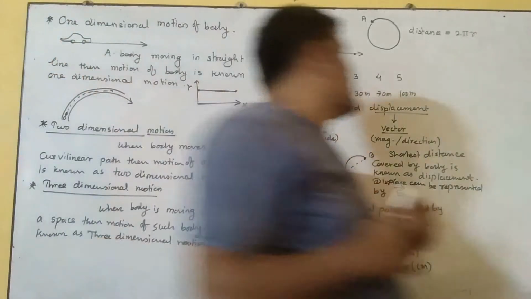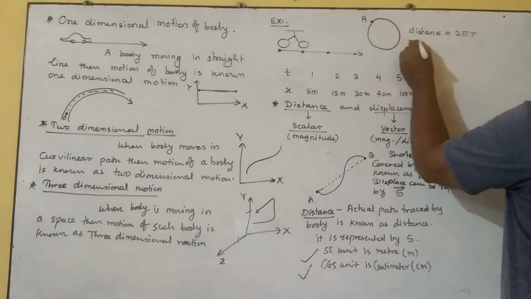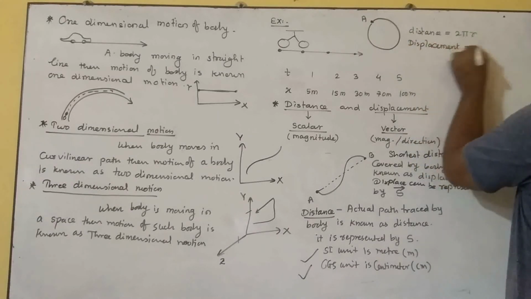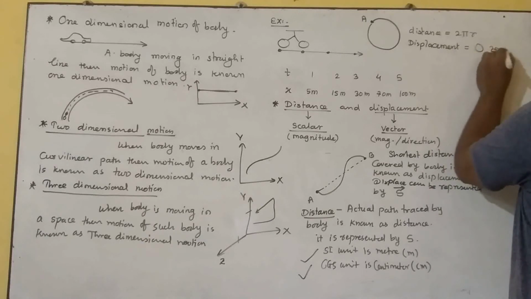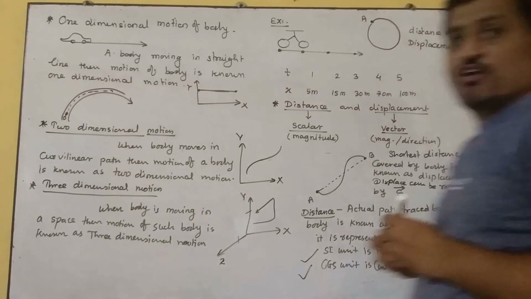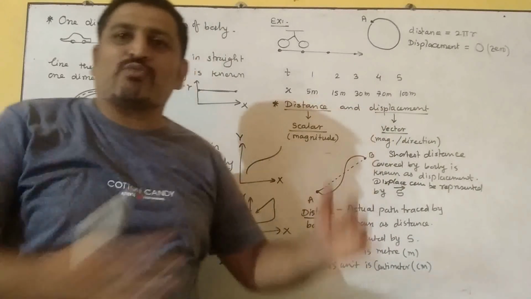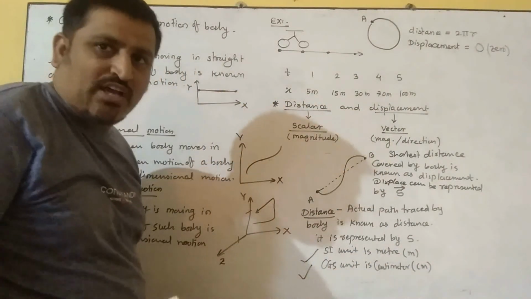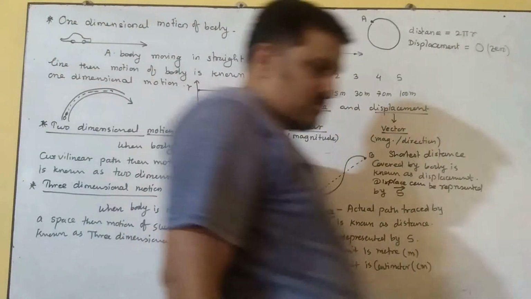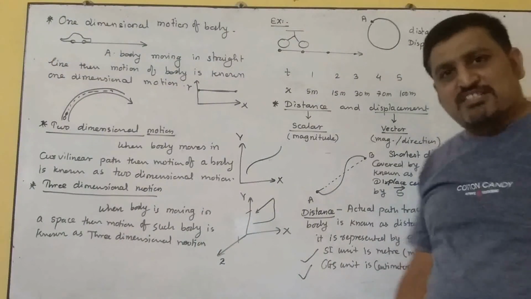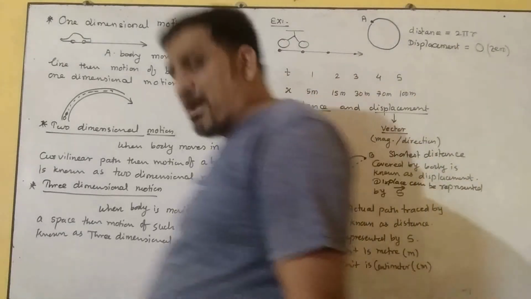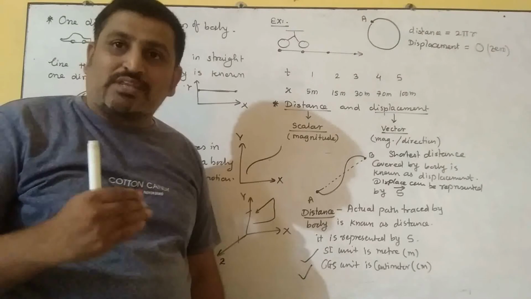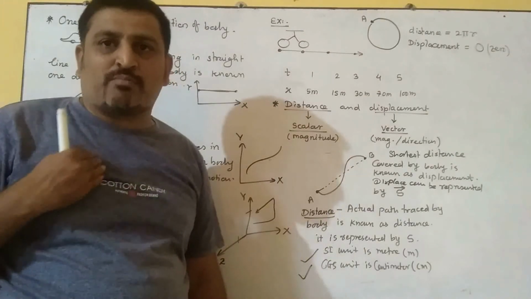Then in this case we can say the displacement of the body is zero, because it comes again to its original position. I am here. If I start walking, say 5 meter is covered, and again when I come back to the same position, then 5 plus 5, 10 meter distance is covered by me.